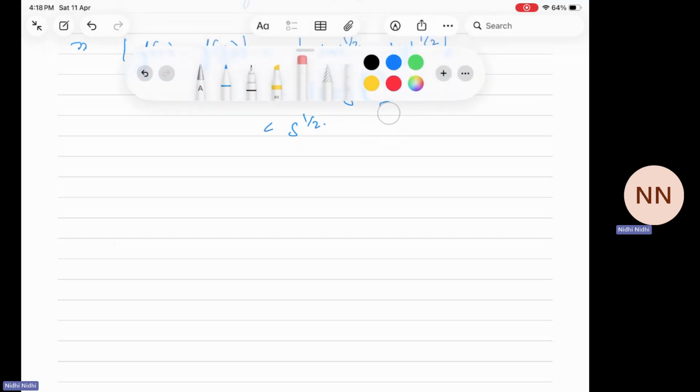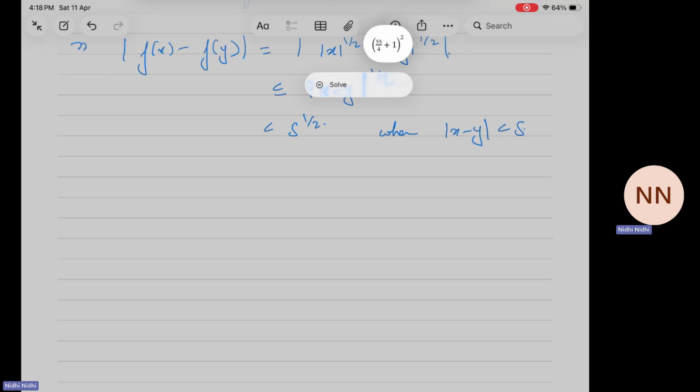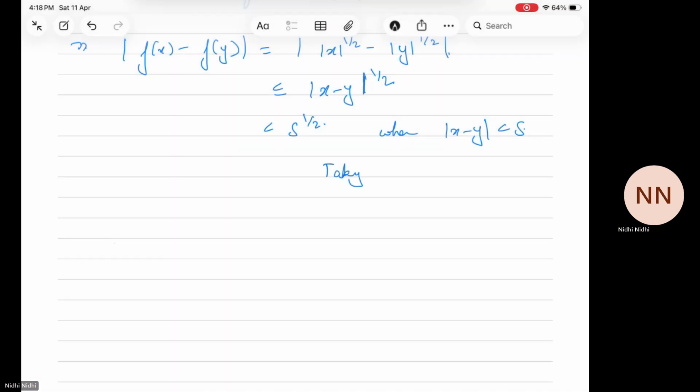I'll explain that part in detail. Whenever mod x minus y is less than delta, that would give us uniform continuity, taking delta to be epsilon square. We get that the function is uniformly continuous.